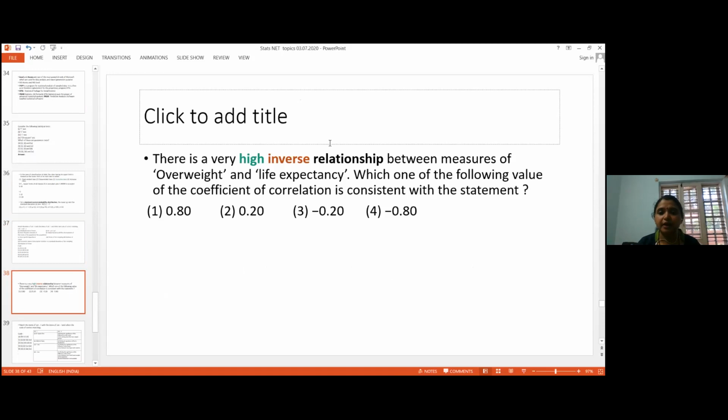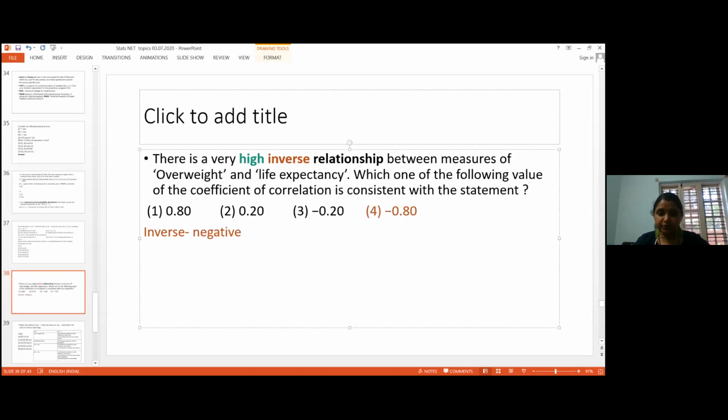No. High and inverse. Due to lack of time, let me not wait. It's minus 0.8. For high and inverse, I am sure you would have given D as the answer. Inverse means negative. That is why I said inverse means negative.